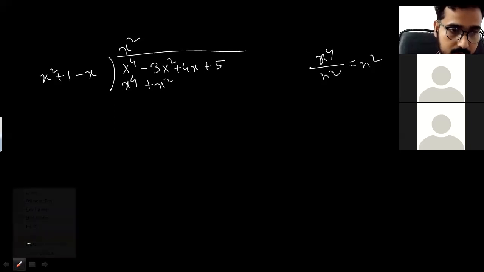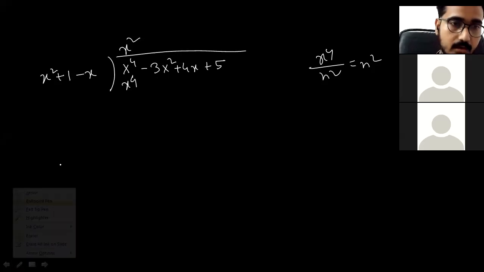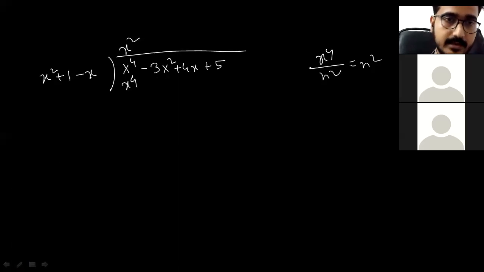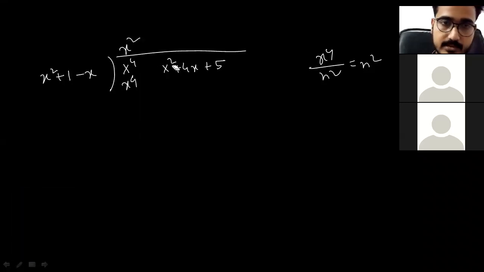Yes or no? Because when you multiply x square with x, you will get x cube. So that's why you have to write down this polynomial in terms of x cube also. So how can I write down x cube?